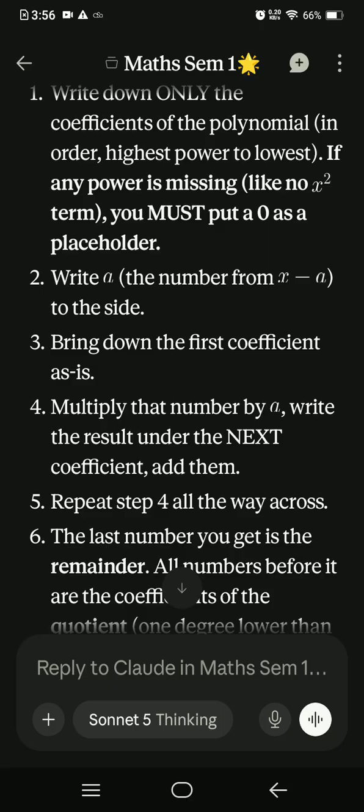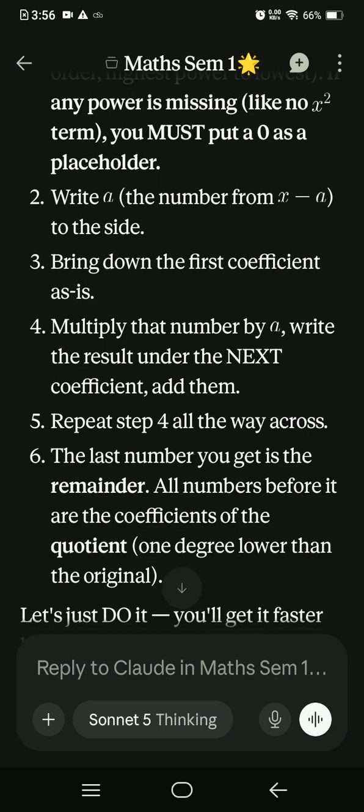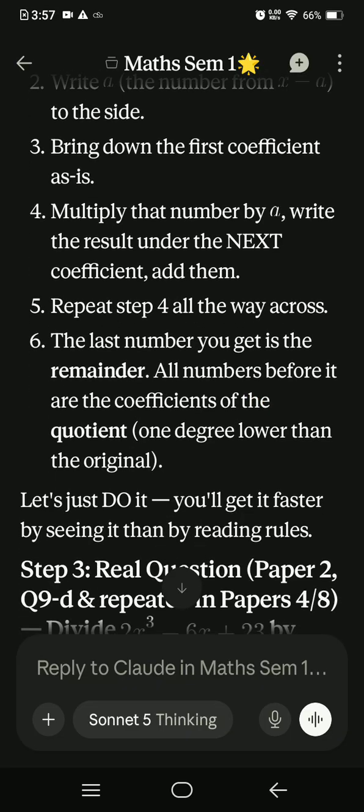Multiply that number by a, write the result under the next coefficient, add them, and repeat all the way across. The last number you get is the remainder. All numbers before it are coefficients of the quotient, 1 degree lower than the original.